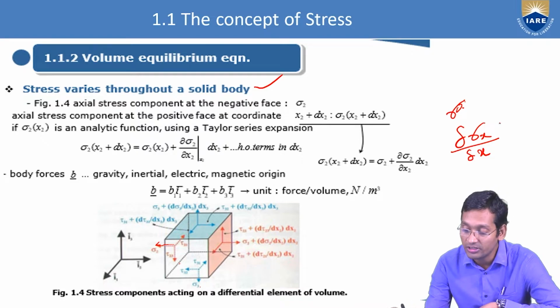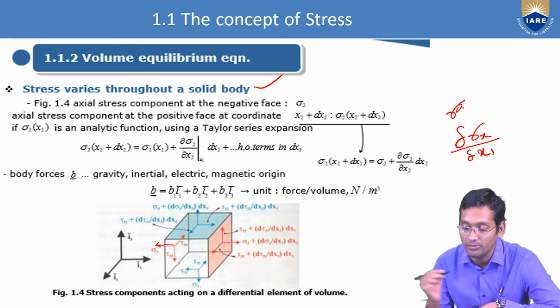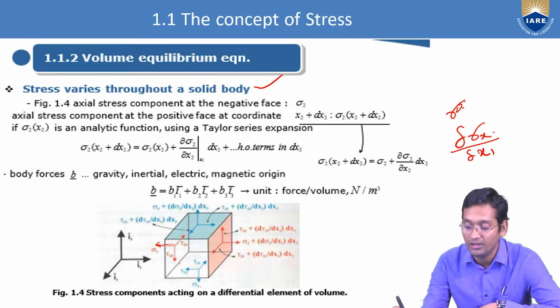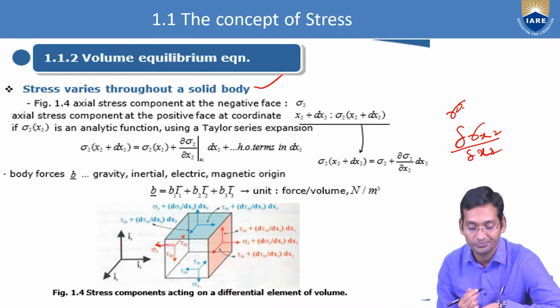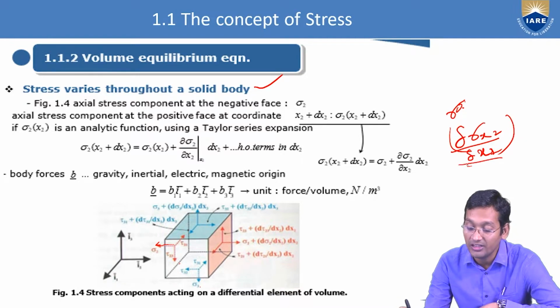In whatever direction, if sigma x is in the first direction, then here this will be x1. If here x2, then here also x2 will be there. So this will be the change, that is, the additional stress.